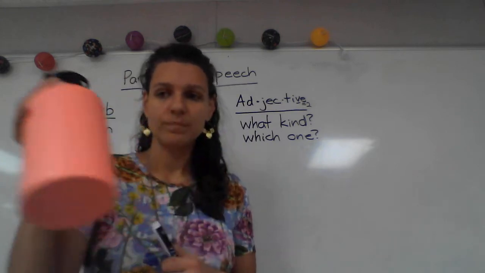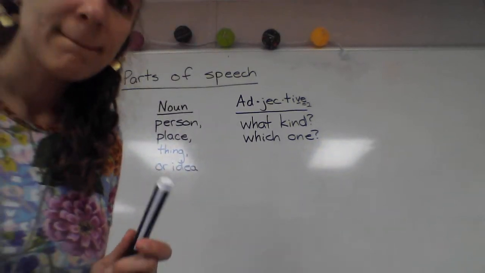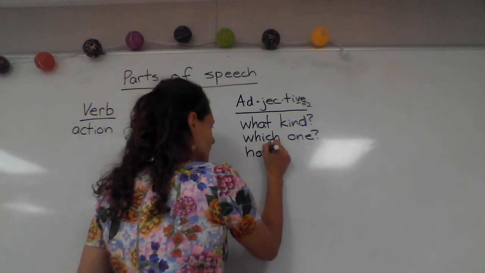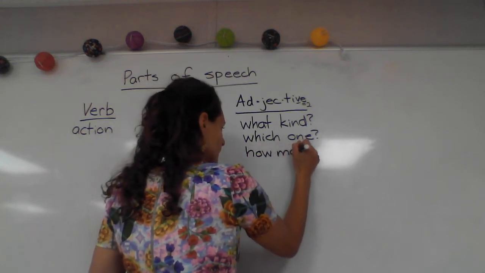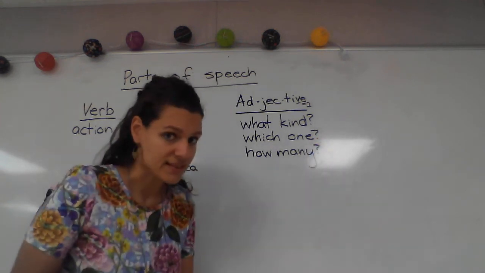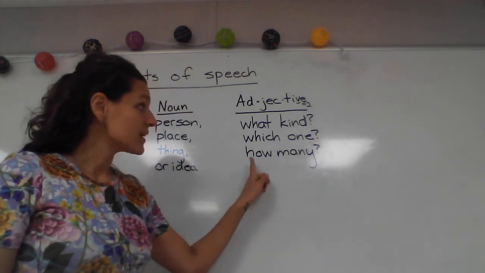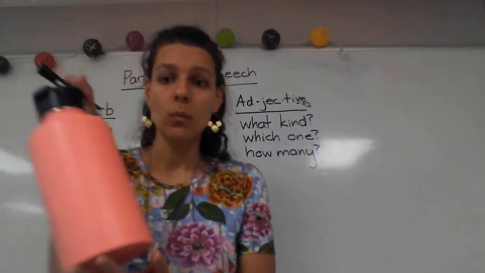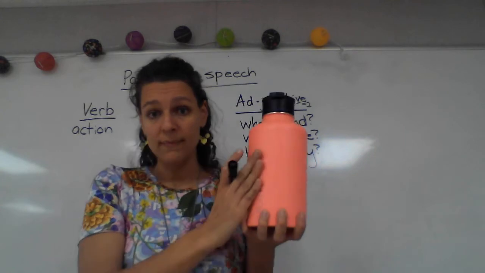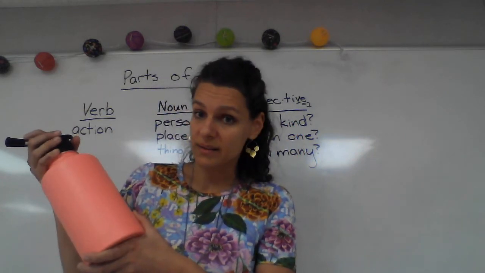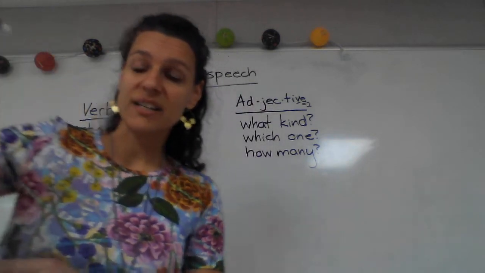Which one? Right. It can also answer the question, how many? So whenever you're saying that there's a certain number of something, that number is going to be an adjective, right? So if I said 1 bottle, 1 would be an adjective, but if I had 3 and I said 3 bottles, 3 would be our adjective there as well.